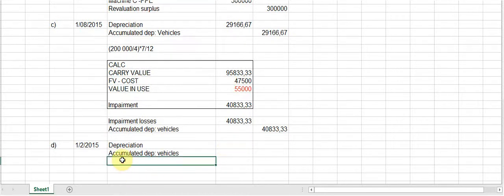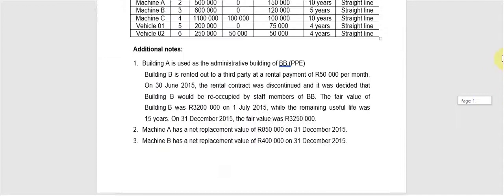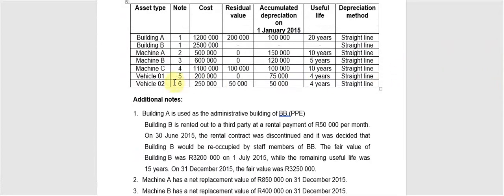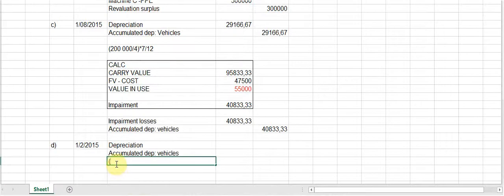So if I look at the information relating to vehicle O2, we need to take the cost price, 250,000, minus 50,000 residual, because this is PPE, and we need to divide it by 4 years and times it by 1 month.